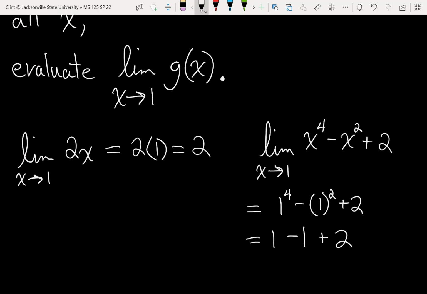Oh yeah, so 2 is what we want. I looked at the wrong thing, I was panicking. They're both 2. So since the limit of the smaller function is 2 and the limit of the bigger function is 2, the limit of the one in the middle has to be 2.